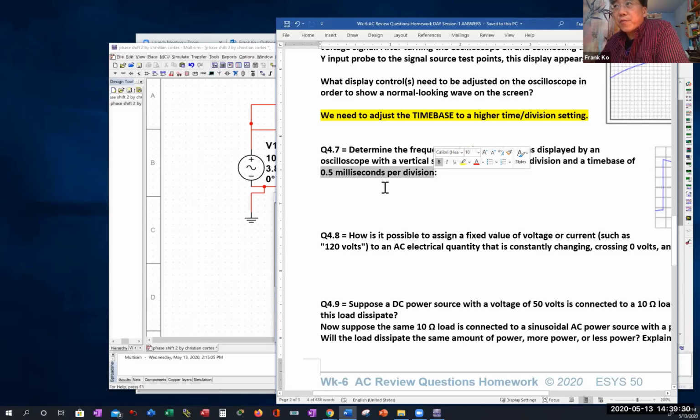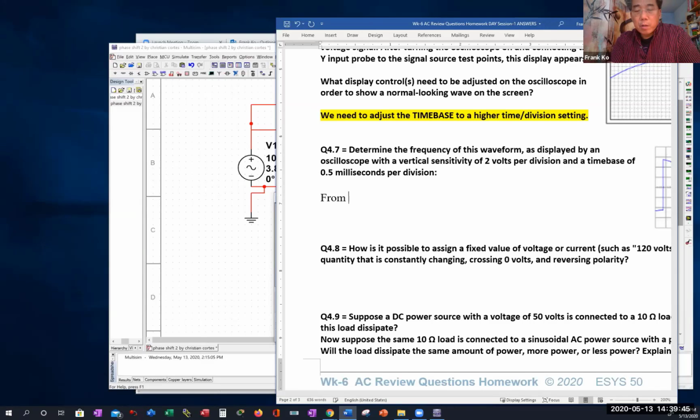0.5 milliseconds per division. So what you need to do is, from positive peak to next positive peak equals 5 divisions, period.